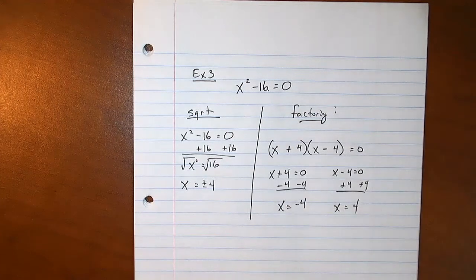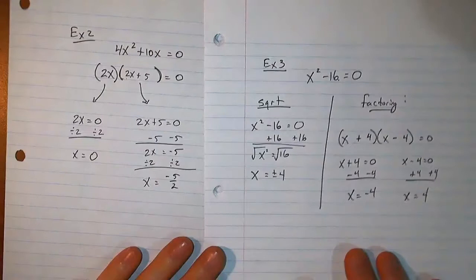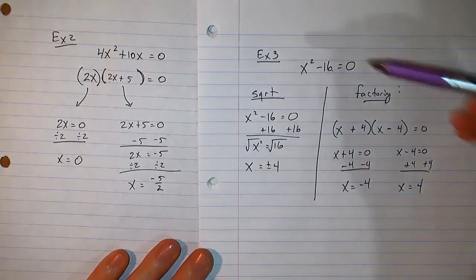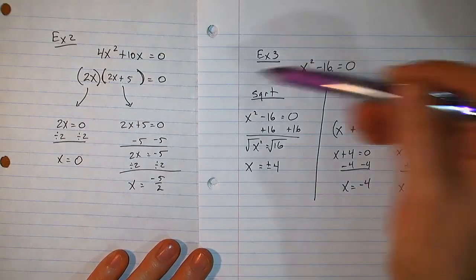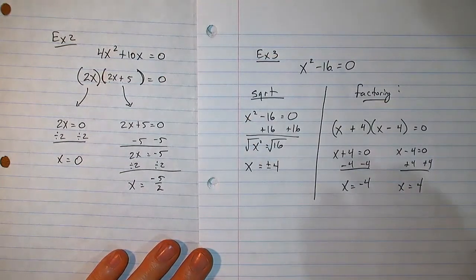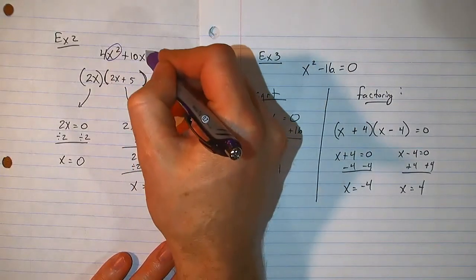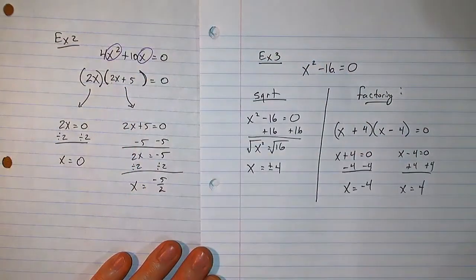Okay. But here's what I want you to notice. Here's something I want to make sure that you recognize. I can't always use square roots. So what was the difference on this problem compared to the last problem? Why is it okay to use a square root on this one, but on this one I had to use factoring? I didn't have a choice. The reason is because this has x's that are squared and x's that are not squared.